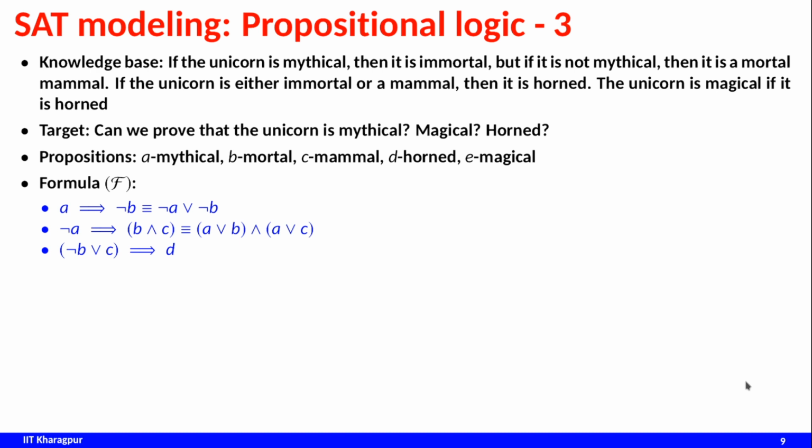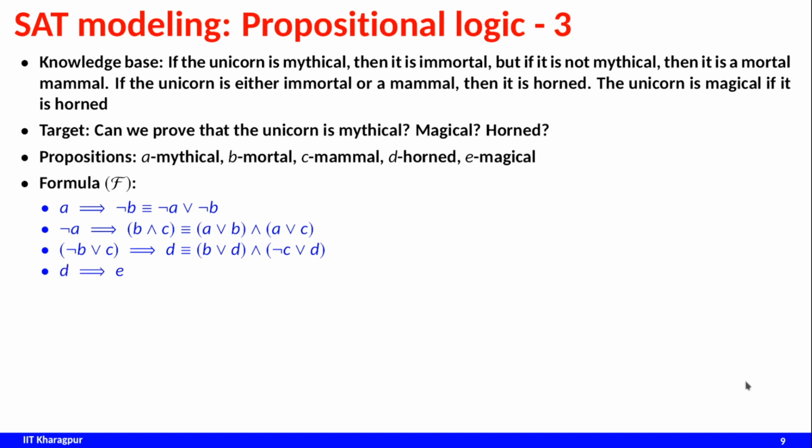So the unicorn is immortal, so not B, or a mammal C, both imply D, it is horned. Then we can convert it into CNF form because we need that eventually to run the SAT tool on it.